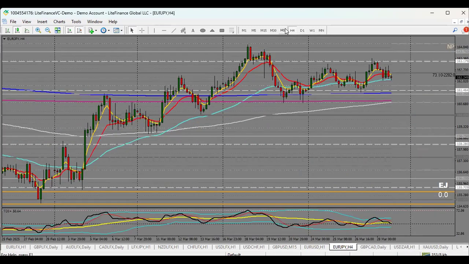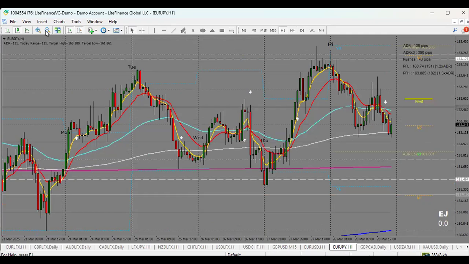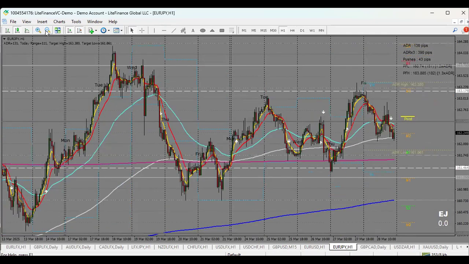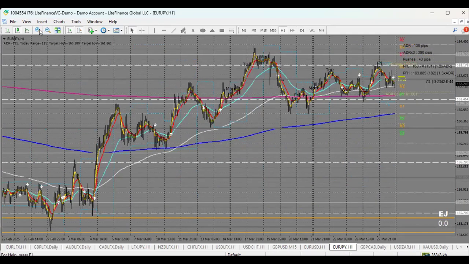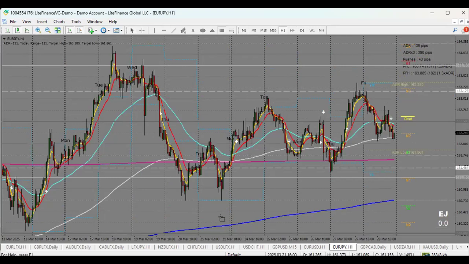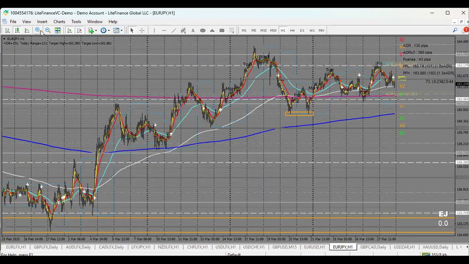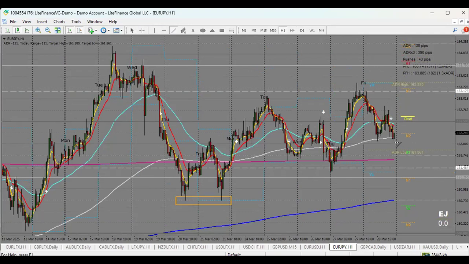But our market structure based on the higher time frame is still bullish. So I will be sticking to the higher time frame bias of a bullish market structure, and I should be expecting for price to go up on Euro JPY.